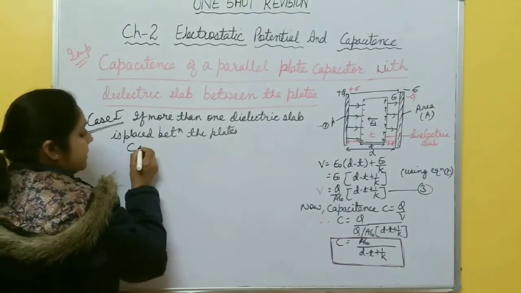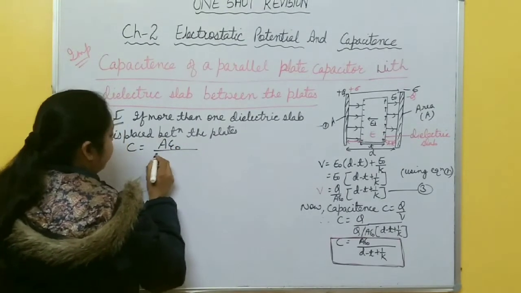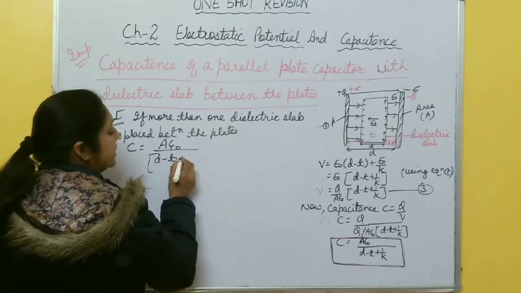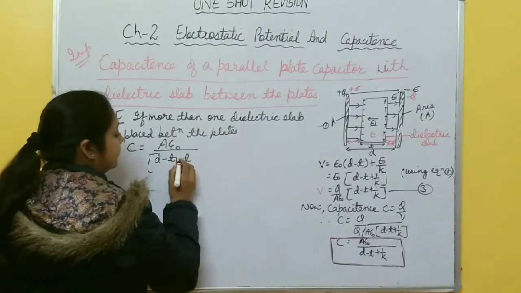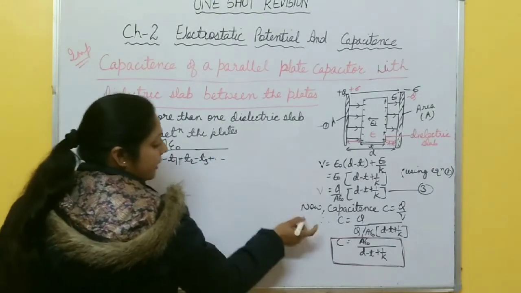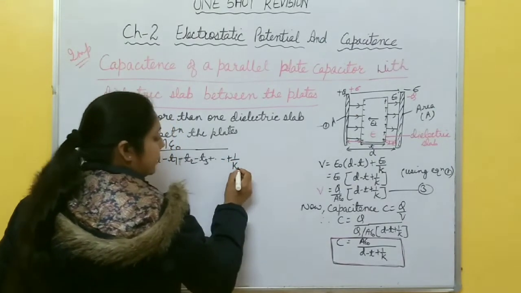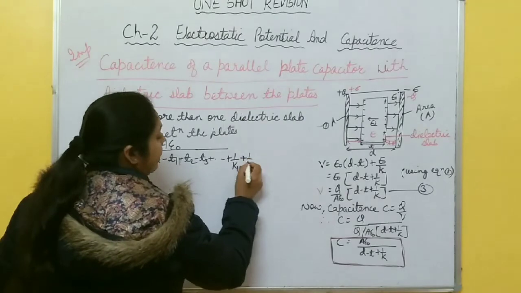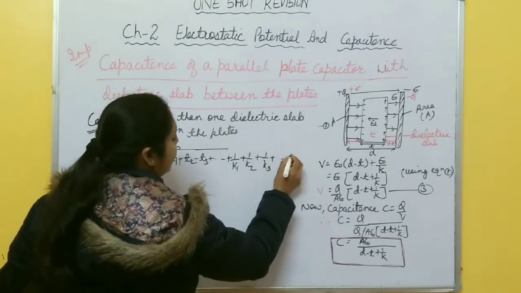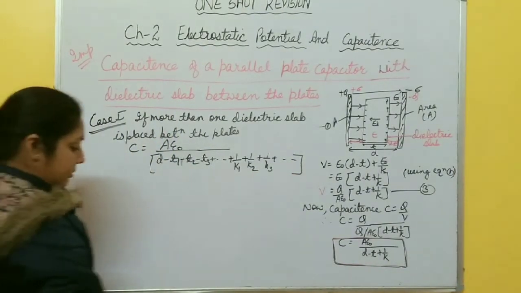Then the capacitance C becomes, using this general expression, A epsilon naught by d minus (t1 plus t2 plus t3), where the first dielectric slab has thickness t1, the second has t2, the third has t3, and also plus 1 by the first dielectric slab's dielectric constant K1, the second has K2, the third has K3. In this way you write if more than one dielectric slab is introduced between the plates.